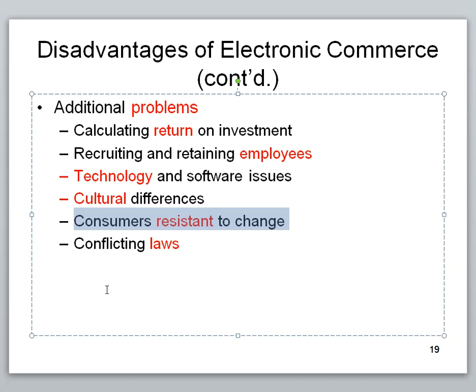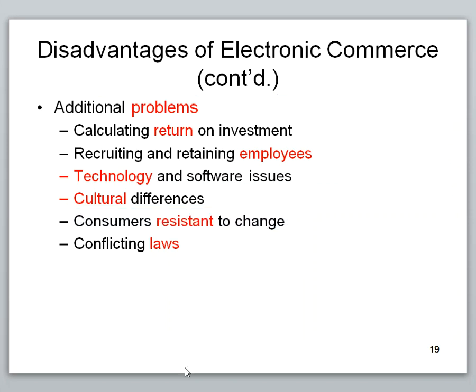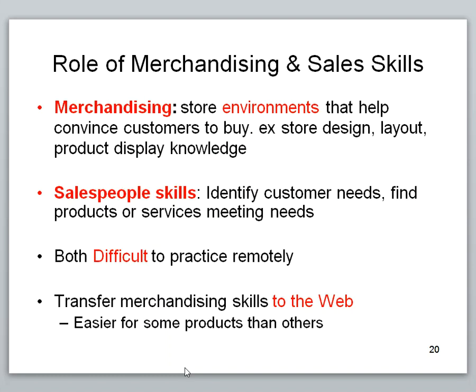In time of problems, which laws may be applied whenever there are disputes? So that was the disadvantages of electronic commerce.